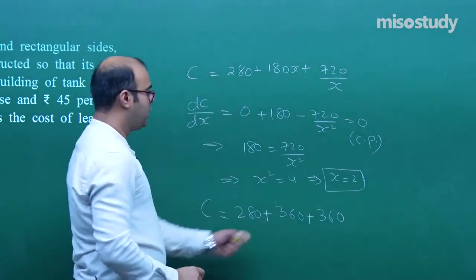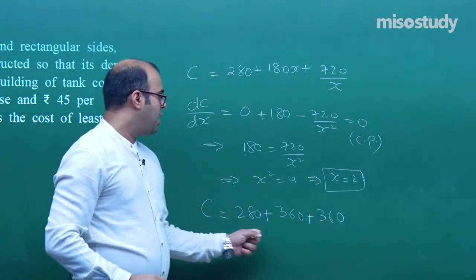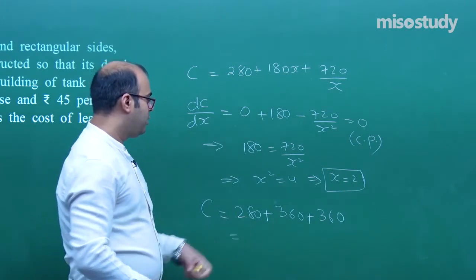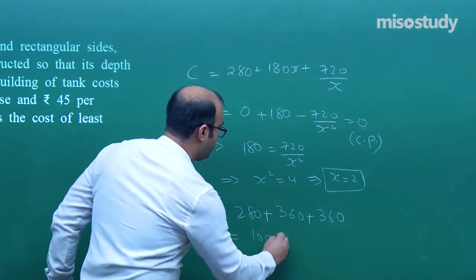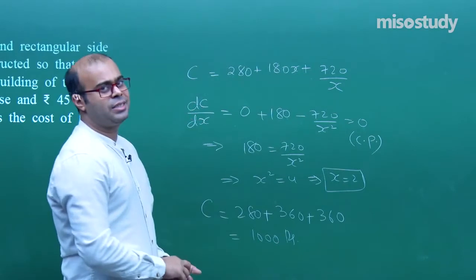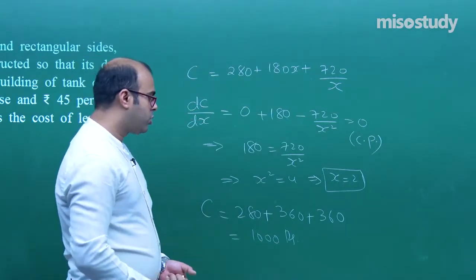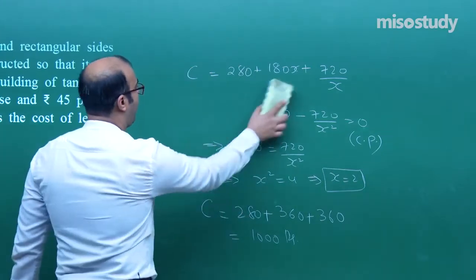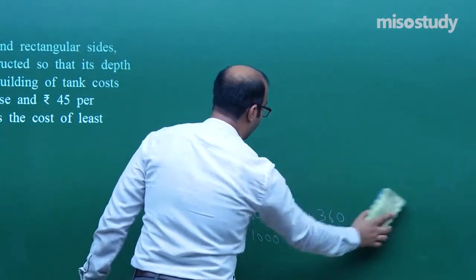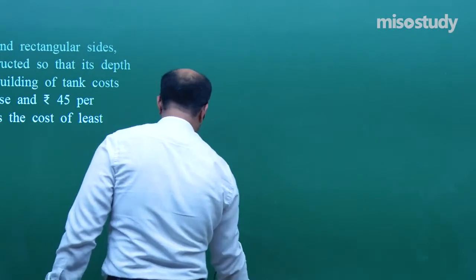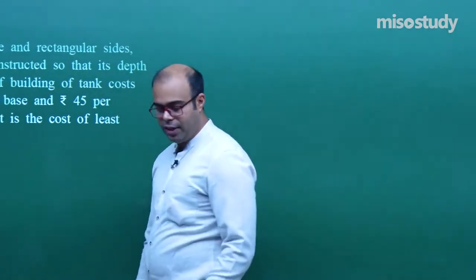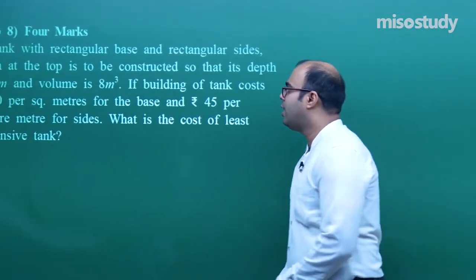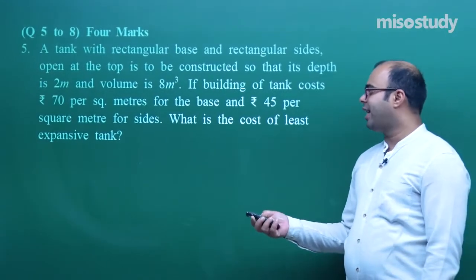So the total cost is 720 after adding this, and then adding 280, that is 1000. So 1000 rupees will be the minimum cost to build a tank of volume 8 meter cube and height 2 meter, where the rates are given as 70 rupees and 45 rupees for the base and for the sides.